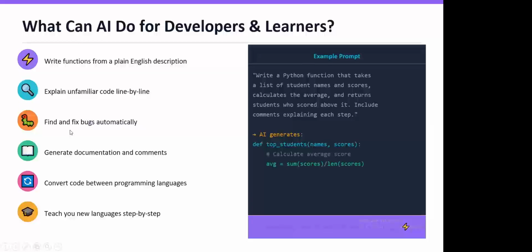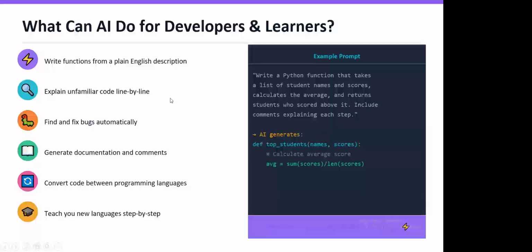And if there's a bug, you can ask it to find and fix it automatically, not like last time when you needed to compile the code and check line by line to see where the bug is. After you have all the code, you can ask it to generate documentation and comments. And if it is in Python, you can ask it to convert into C++ or Java.